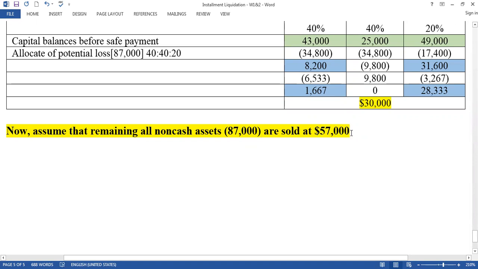$57,000. It means that we have some loss, right? And this loss is going to be allocated to the partners.